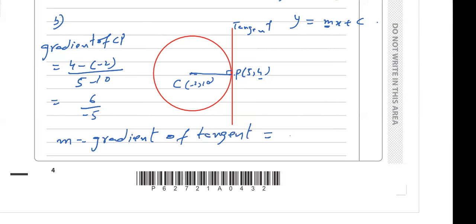That will be the negative reciprocal of this one, because if two lines are perpendicular, then their gradients are negative reciprocals of each other. So the gradient of the tangent is going to be the negative reciprocal of this. Now I have the gradient of the tangent, and I also have one point on it, so we can find the equation of the tangent.